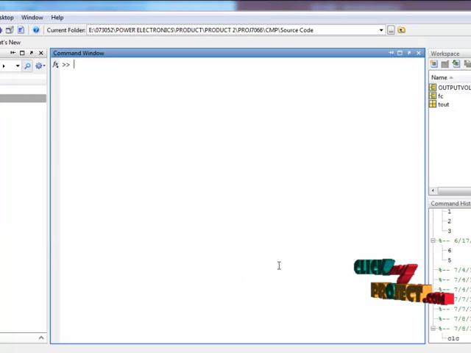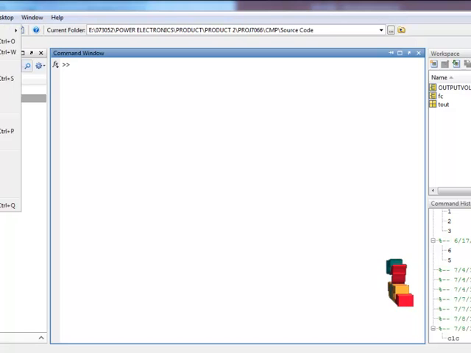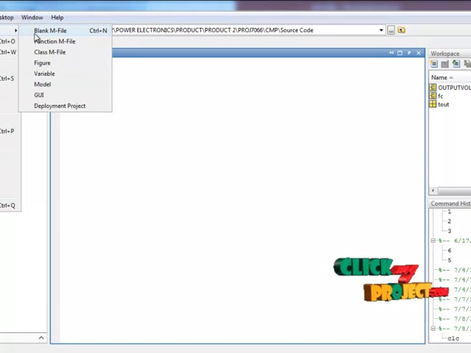Now I am hiding the design process, so you can see the blank panel file here.